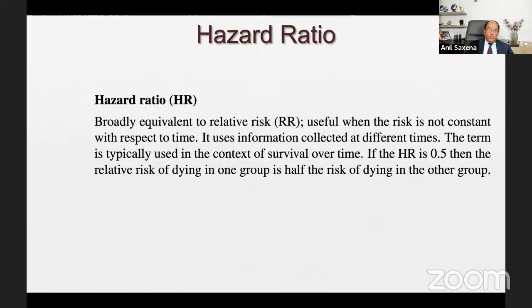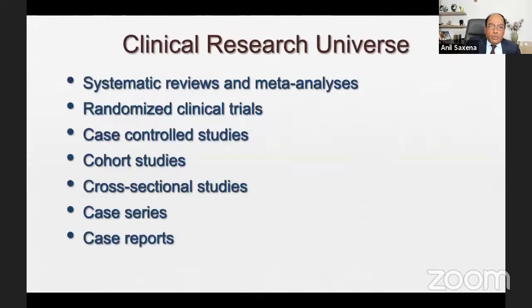So hazard ratio, as I said, also takes into account the timeline as to how quickly the events happen. It is calculated according to a formula, and we will not go into the details. But these three statistics or terminologies, hazard ratio, relative risk, and odds ratio, should be understood and utilized in a particular manner.